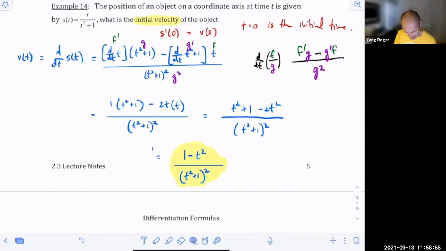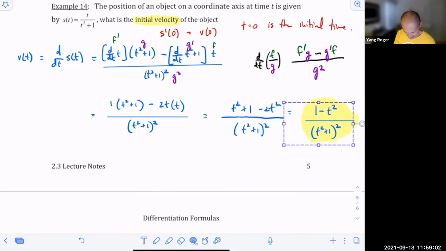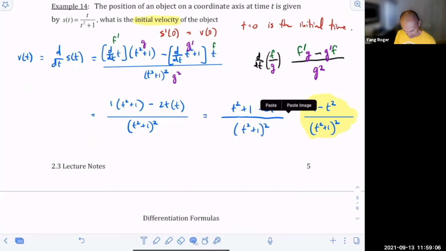Let me slide this around like this. So this is our derivative. So we wanted v of 0, that's the initial velocity. So when we plug in 0, we're going to get 1 over 1 squared, which is equal to 1. How interesting.